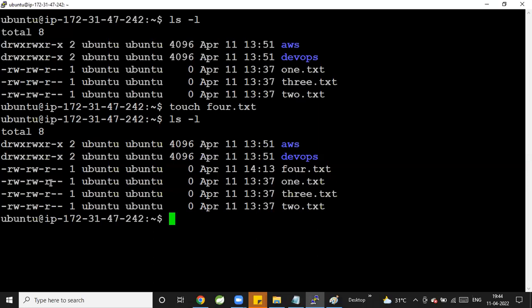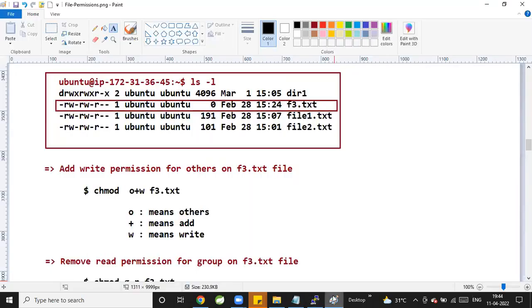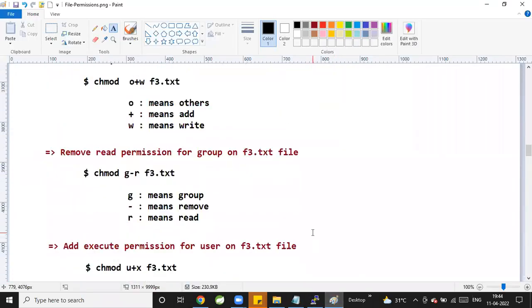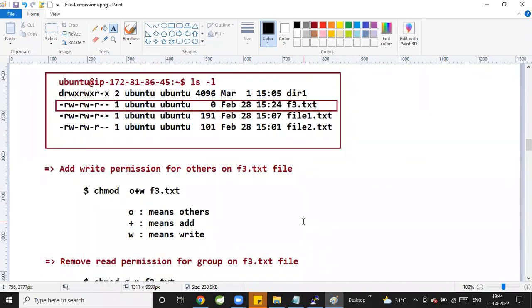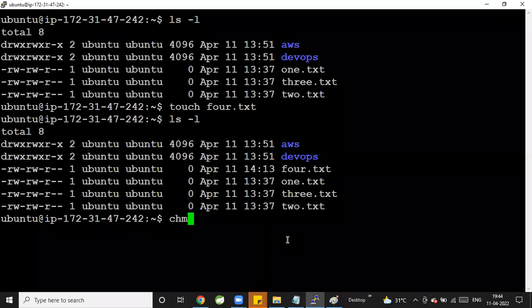Can I add execute permission for the user? Then what command do I need to execute? chmod for user add execute permission for 1.txt.